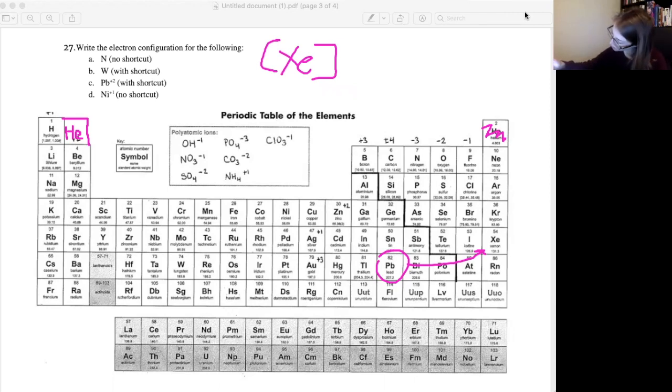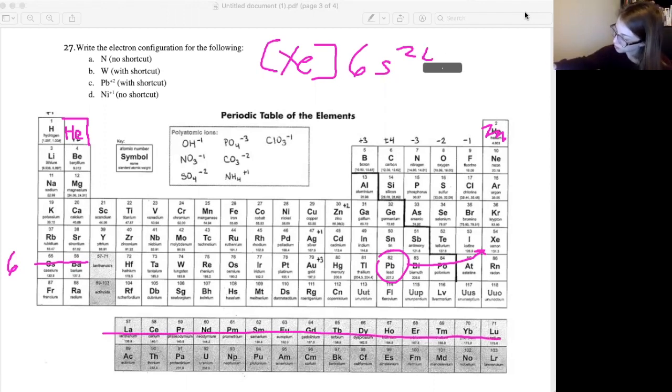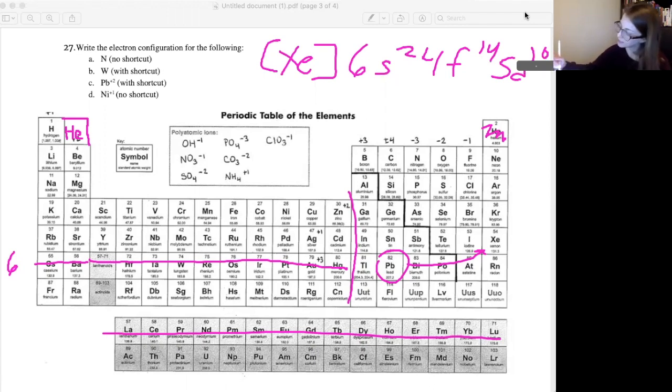After xenon, we are now in the 6th row. S block has 2 spaces. Then again, 4F14, just like in the last one. 5D10, because the D block stops there. And then to get to lead, we'd actually also have 6s2 after that. All right, that should say P2.